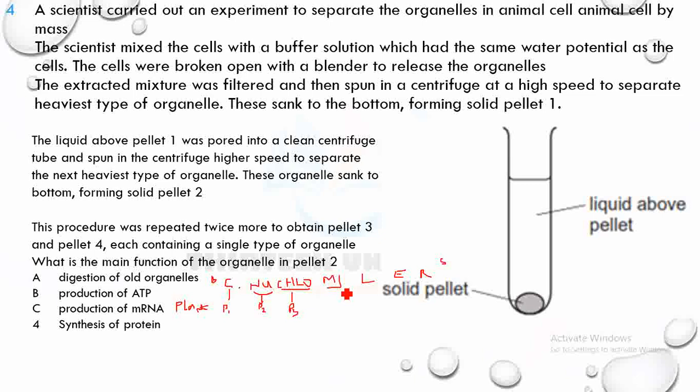The fourth heaviest is P4, mitochondria, and the fifth heaviest is lysosome. Then the sixth heaviest is endoplasmic reticulum, that's pellet 6. Then the lightest, pellet 7, is ribosome.